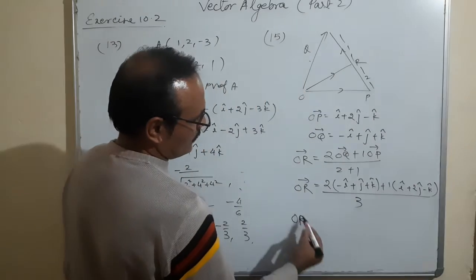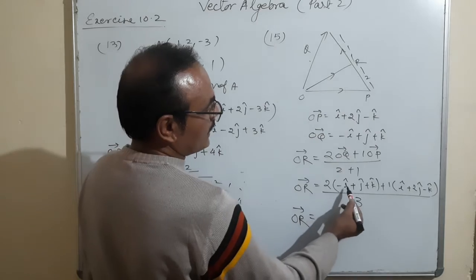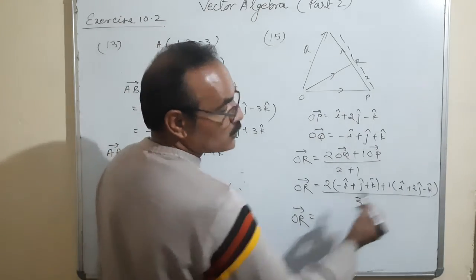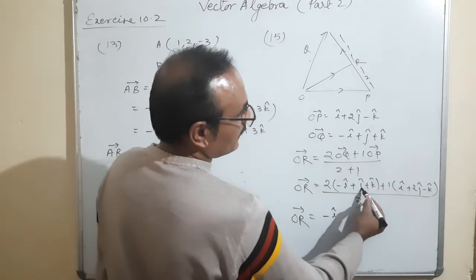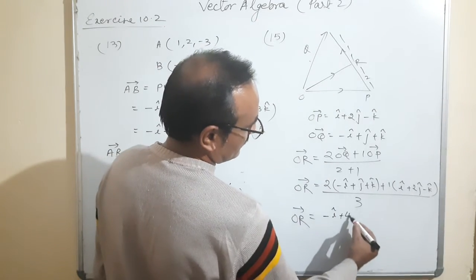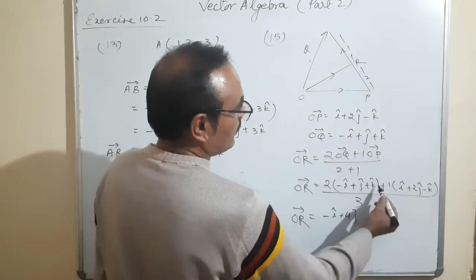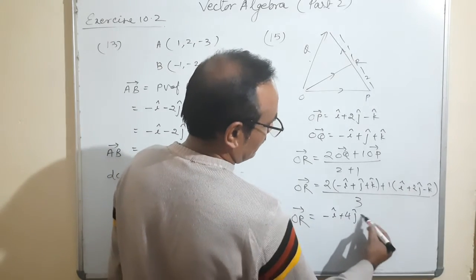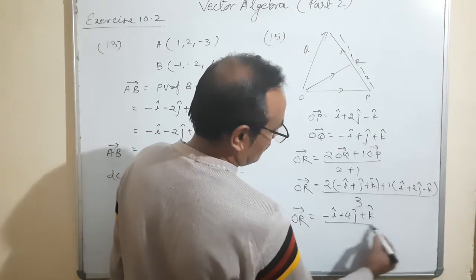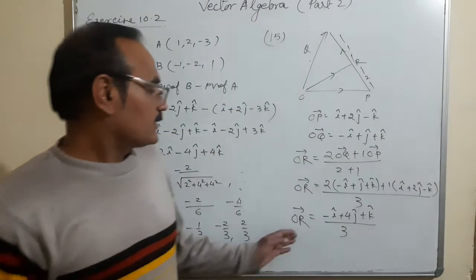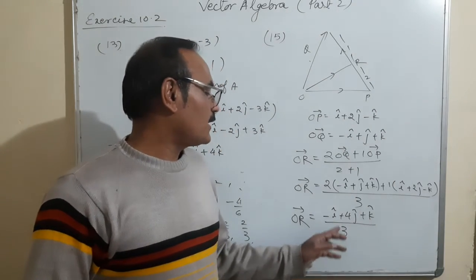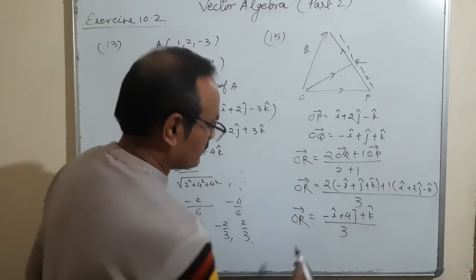So OR is equal to minus 2i plus 1i, it is minus i, plus 2j plus 2j, it is 4j, and plus 2k minus k, it is plus k, upon 3. So OR is equal to minus 1 upon 3 i plus 4 upon 3 j plus 1 upon 3 k.